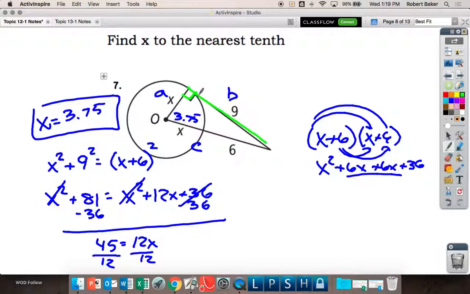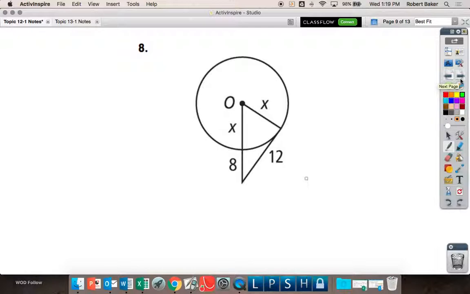So, in the next problem, we have a tangent line, which is 12. We have a radius, which is x, and we have a secant made up of x and 8. A secant is a line that goes through a circle. Because this is a tangent line, or I'm telling you it is in the problem, you can justify that this is a 90-degree angle.